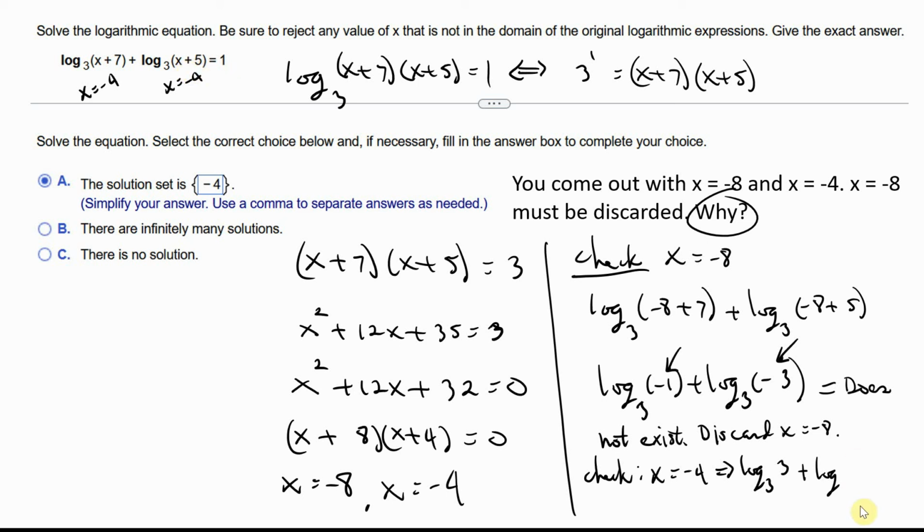I get the log base 3 of 1. These numbers are positive, so we're good. And we know that log base 3 of 3 is 1, and the log base 3 of 1 is 0. So you get 1. You get the answer.